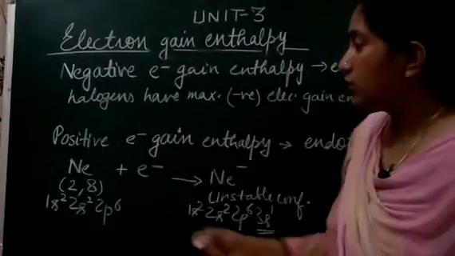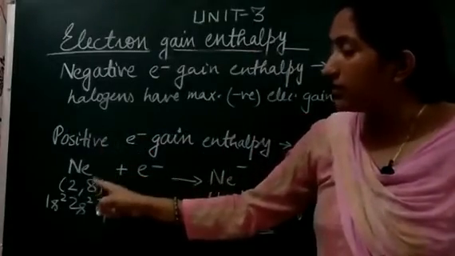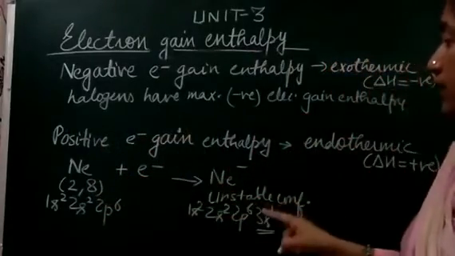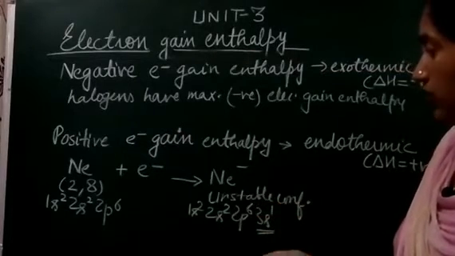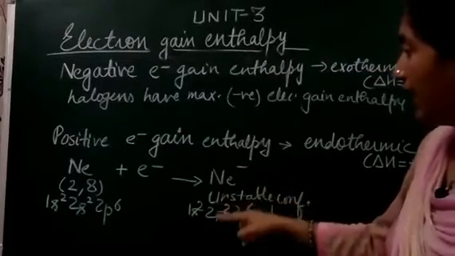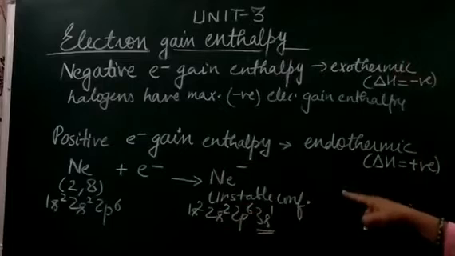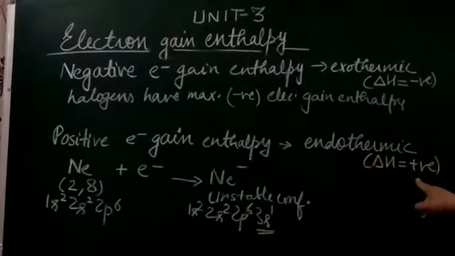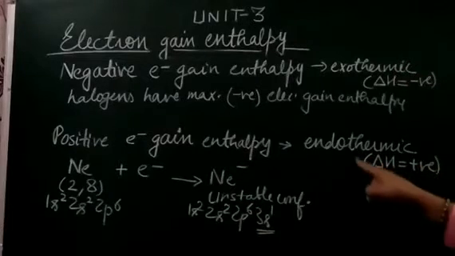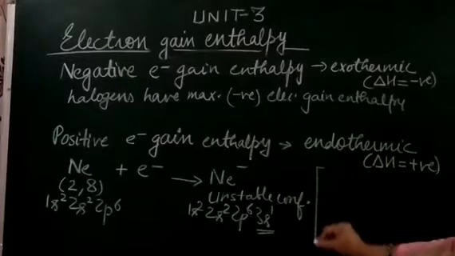Energy will be given. So this atom is going to absorb the energy which is supplied to it. Hence it will have an energy supply, an endothermic reaction, that means positive. So it will have positive electron gain enthalpy.